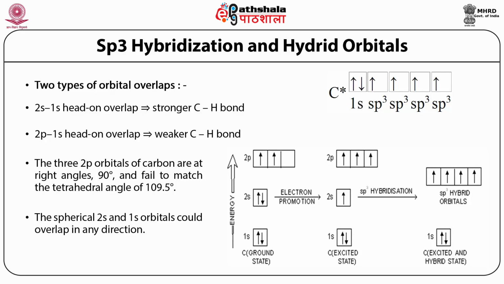As it has been discussed before, there is a small energy gap between the 2s and the 2p orbitals, as shown in the figure below, and so a small amount of energy is required to promote an electron from the 2s to the empty 2p orbital.